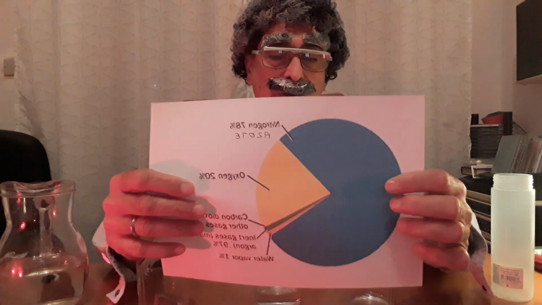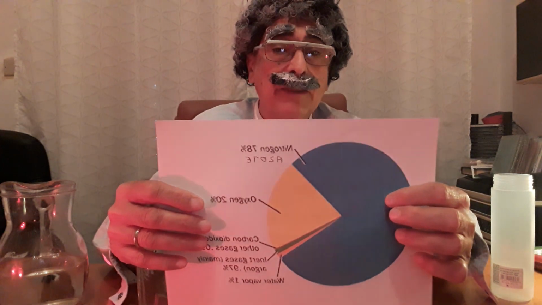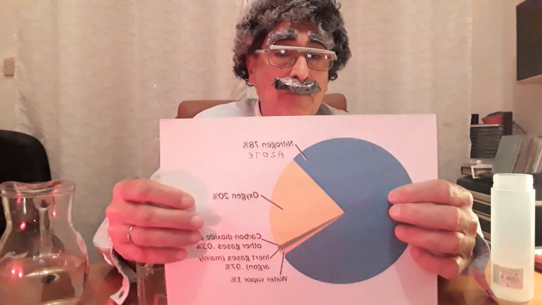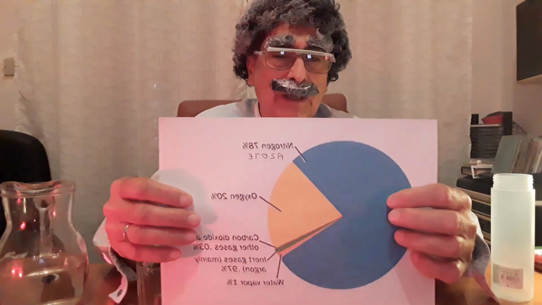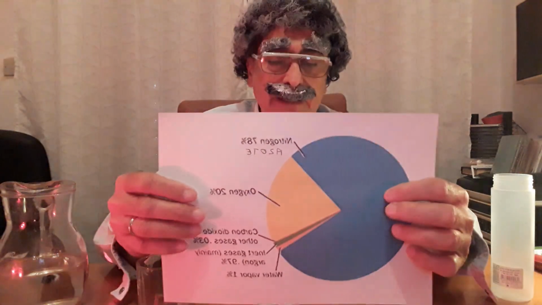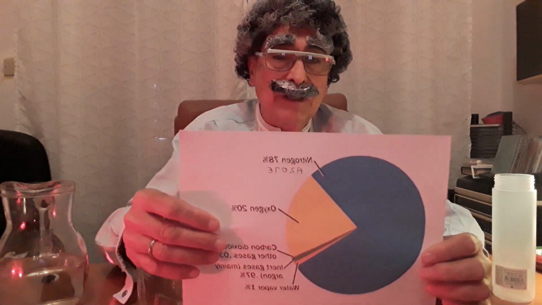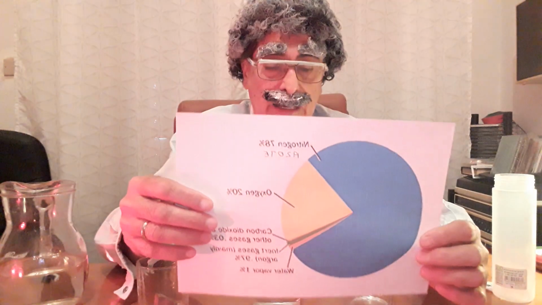The most part of the air is nitrogen, also called azote, a word which scientists took from the Greek language. The second part is oxygen, which we need for our life.